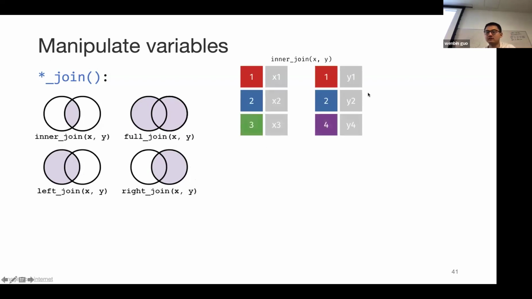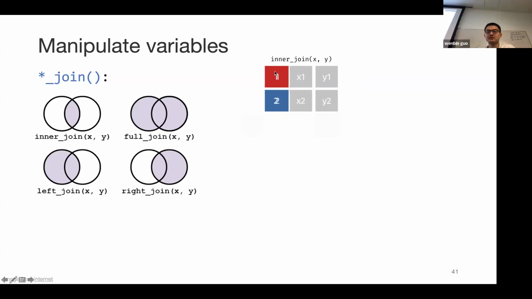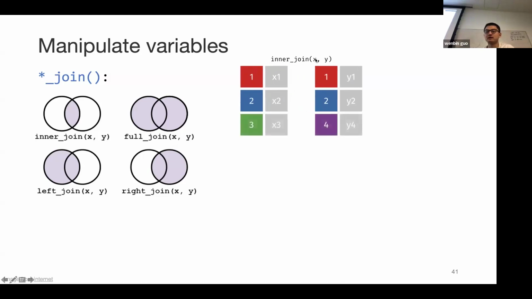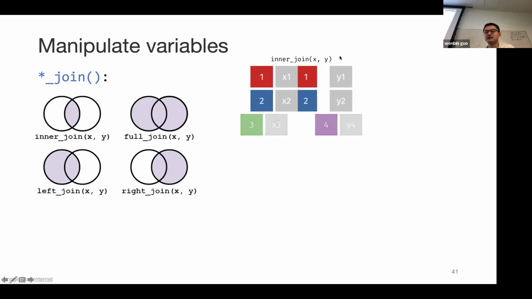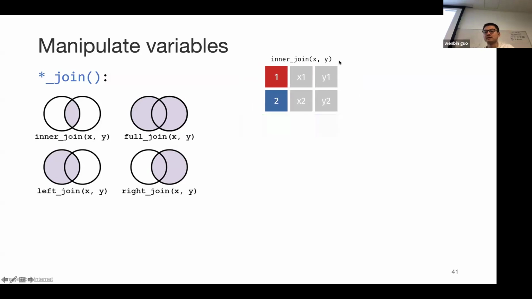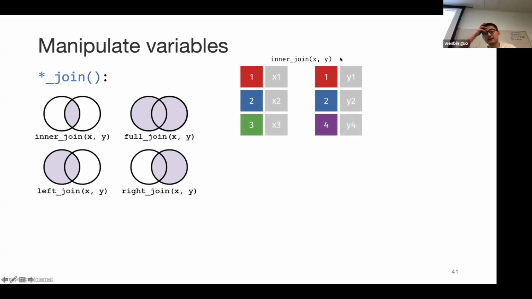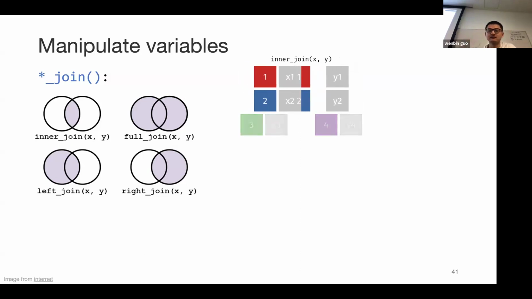To put it in more detail, for the inner join, we only consider the overlapped observations. For example, with X and Y, you specify variables as an index variable using the by argument.